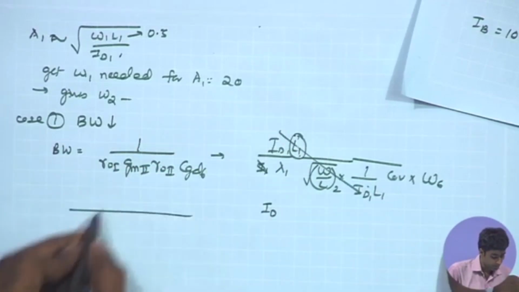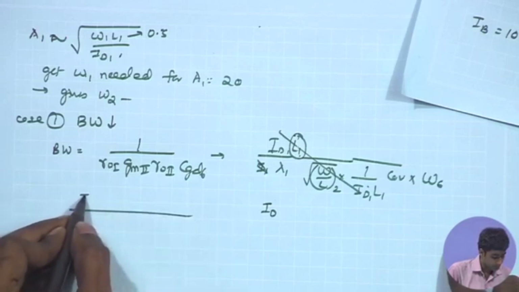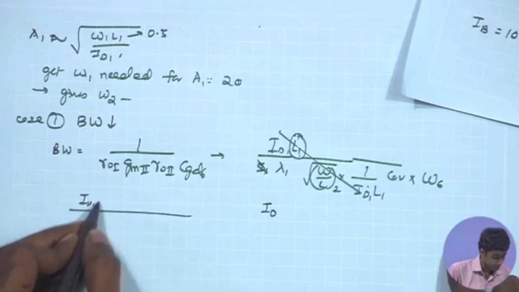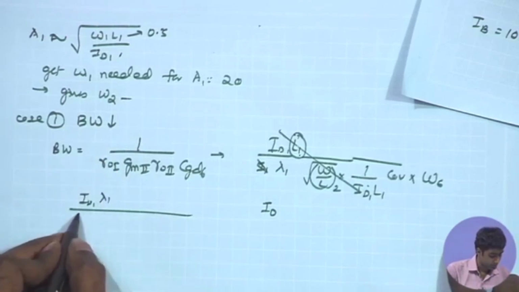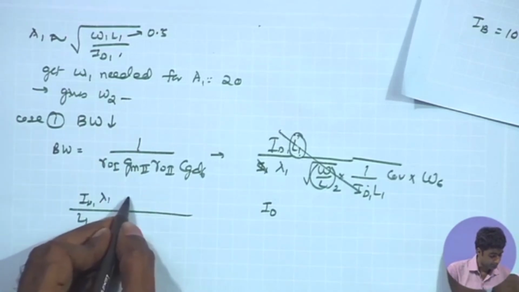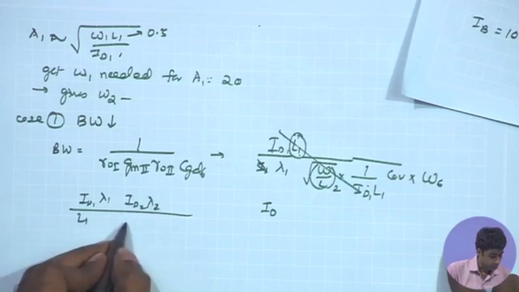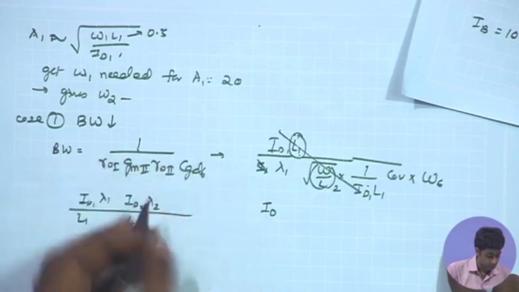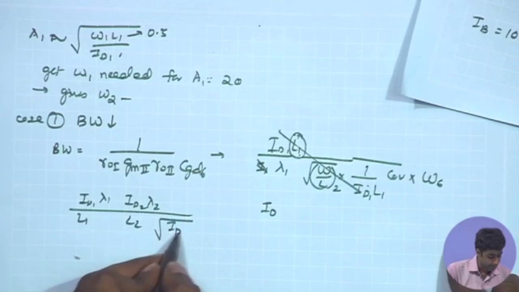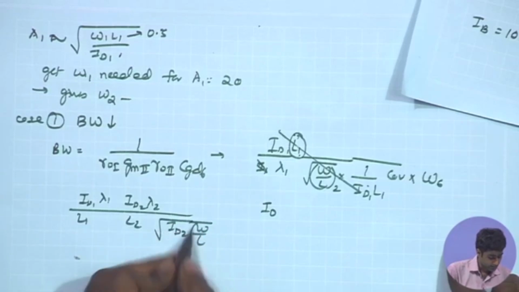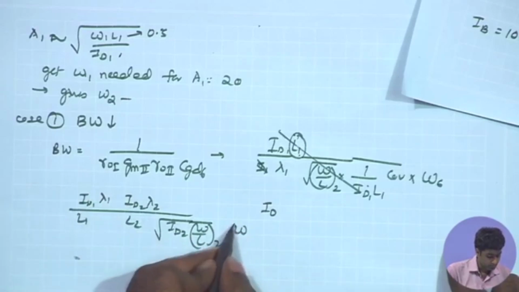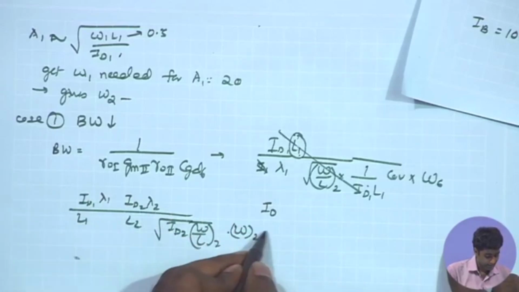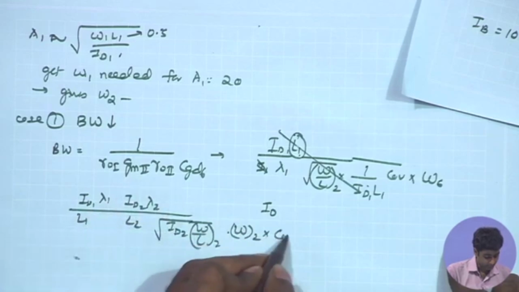So, you have RO1, which is 1 upon ID1 times lambda, so basically it is lambda dash upon L1, and likewise you have RO2, which is lambda 2 upon ID2 L2, and you have the GM2, which is going to be proportional to root of ID2 W by L2, and you have the CGD6, which is proportional to W2 times the C overlap, which is a technology parameter.